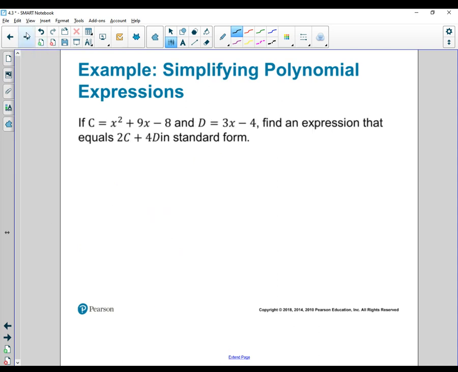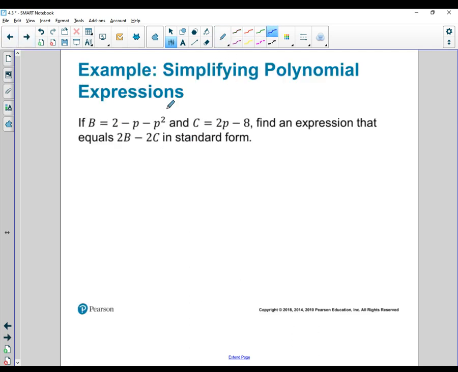All right, and I'll do one more example. Let's do this last one. So we have 2b minus 2c. So again, 2 times b is the same thing as 2 times 2 minus p squared. And I'm putting the whole thing in parentheses because b is this entire thing.